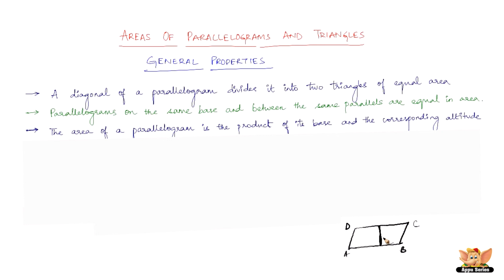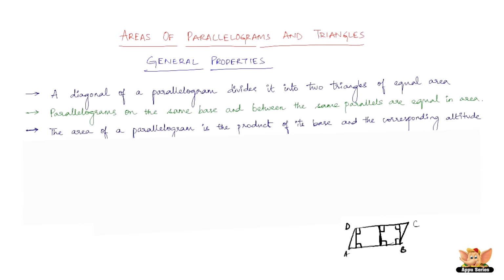This is the altitude of the given parallelogram, or even this can be the altitude. Everything has to be at 90 degrees to the base and also 90 degrees to the opposite line. If it is 90 degrees to the base, it will naturally be at 90 degrees to the opposite line if the given figure is a parallelogram.